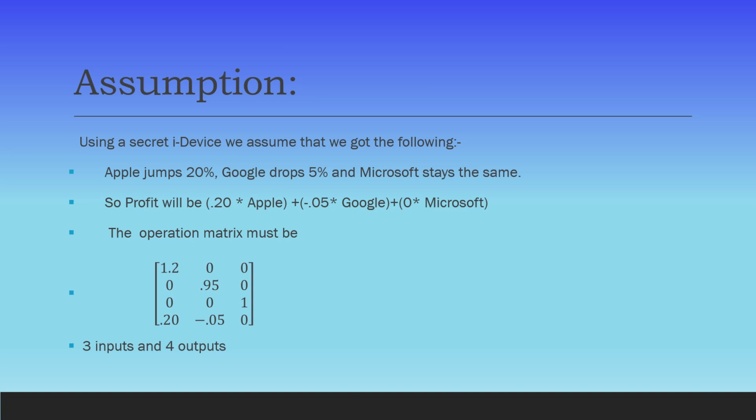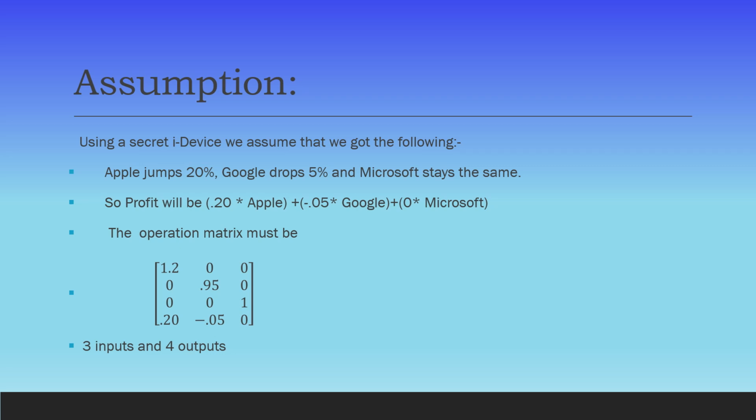Using a secret iDevice, let us assume that we got the following: Apple jumps 20%, Google drops 5%, and Microsoft stays the same. This is just an assumption. With this assumption, let us see what the profit is going to be.